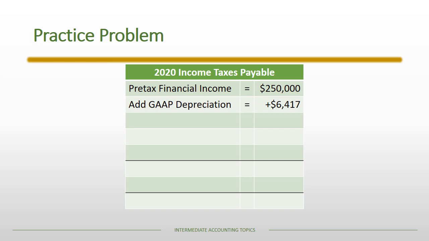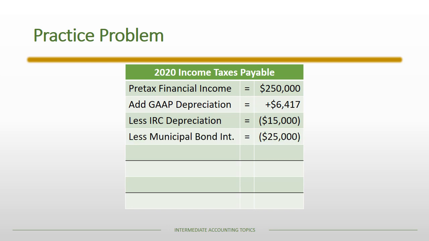Of course, to reconcile US GAAP to the Internal Revenue Code, we have to reconcile the difference in depreciation, and so we add back GAAP depreciation. Then of course we subtract the Internal Revenue Code depreciation, which is defined as $15,000. We have the municipal bond interest, which is counted as revenue under US GAAP but is not taxable under the Internal Revenue Code.